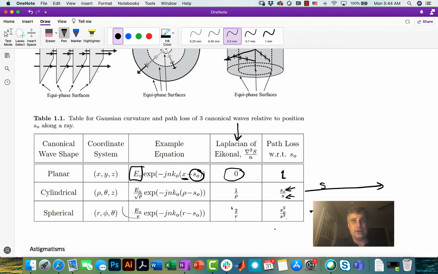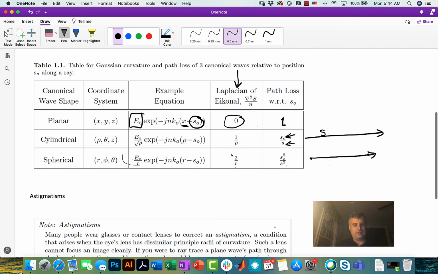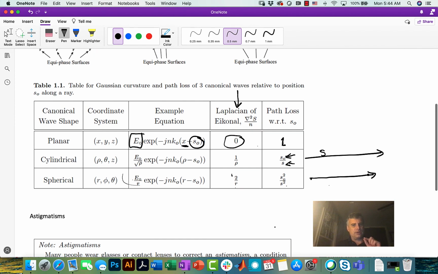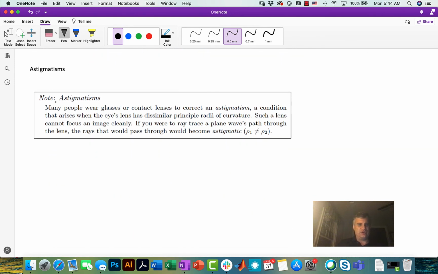Now it's important to note that these are all special cases of the special case of a simple medium propagation. If you have spatial variation in your index of refraction, of course the waves will start to bend, and you have to numerically evaluate that amplitude condition. Even in free space, these are special cases. So in ray optics, we have these things called astigmatisms.